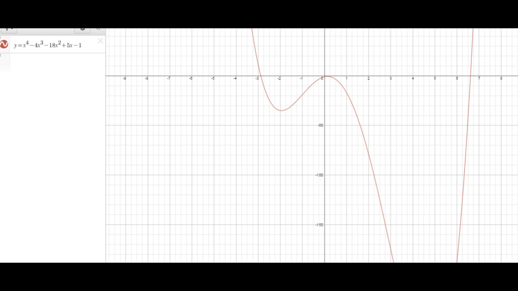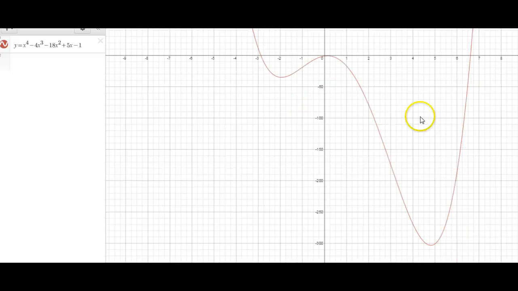Holy what? This is more than unfair. Okay, somewhere around here is a point of inflection, and where was the other one? At negative 1? Yeah, I think so. So we've got concave up on the interval from negative infinity to negative 1, concave down on the interval from negative 1 to 3, and then concave up on 3 to infinity.